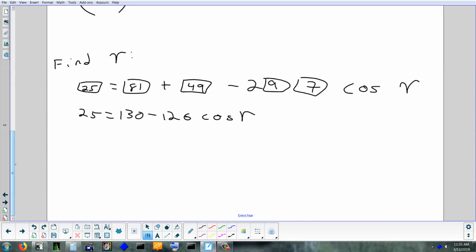Okay, next up. Yep, and that's going to give me negative, how much? Negative 5? Well, it ends in 5. Negative 105. You had 1 out of 3 numbers. That's not bad. So negative 105.